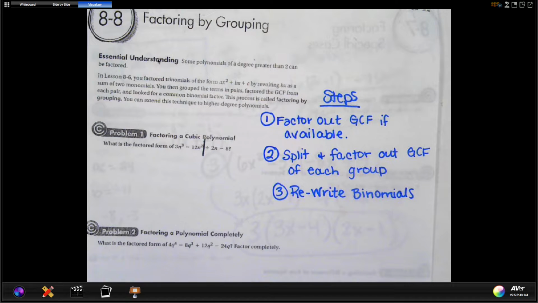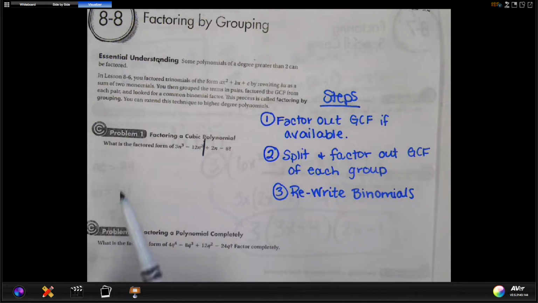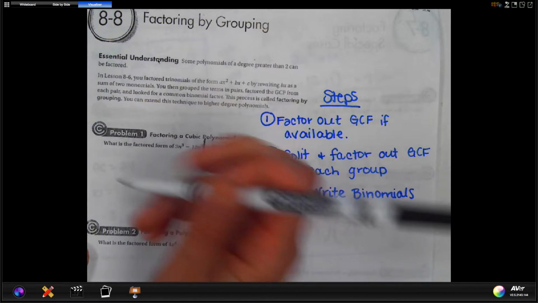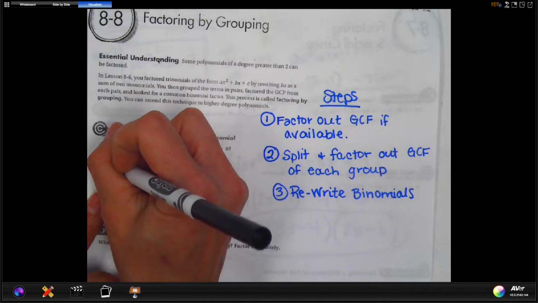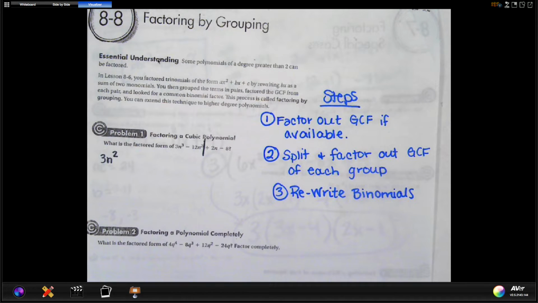So if I split this up, then what is the greatest common factor that could come out of 3n cubed minus 12n squared? So be careful about that. Brandon, go. 3n cubed. Yes, good. 3n squared can come out of there. So the other thing is that there's going to be multiple variables now that can come out a lot of times.